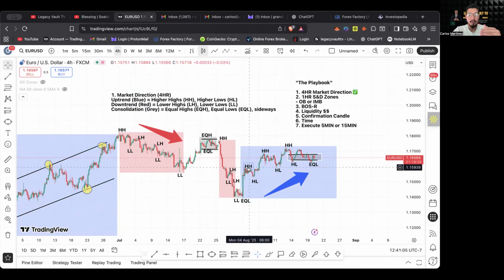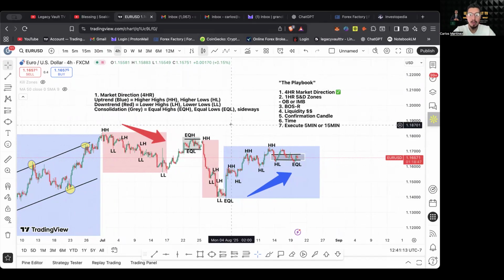I've colored each of these respectively so that you guys can notice this. And also, this is where you're able to identify the higher highs, higher lows on an uptrend, lower highs, lower lows on a downtrend, and equal highs and equal lows in a consolidation phase.